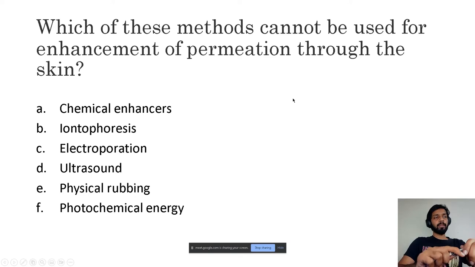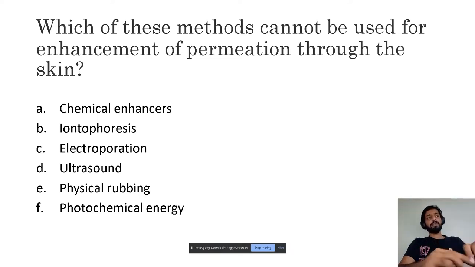Ultrasound. Okay. Ultrasound and photochemical energy are routinely used, at least in academic settings, to enhance permeation through the skin. So those two are not correct.